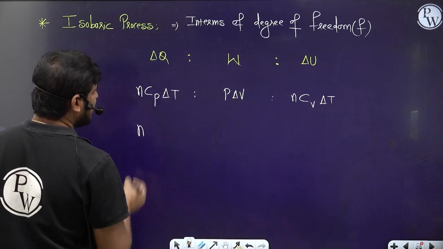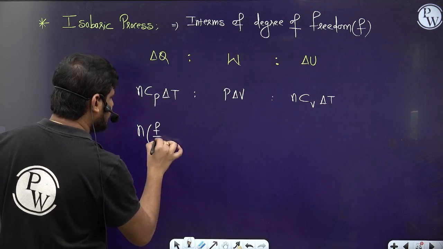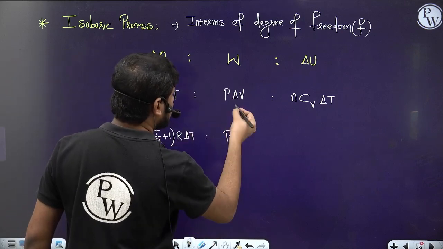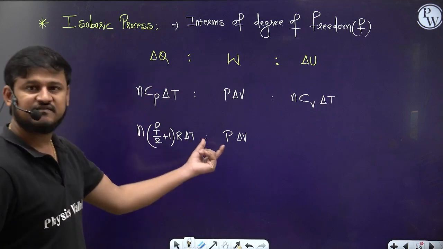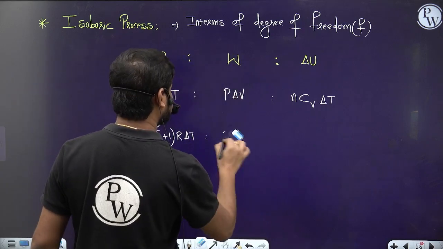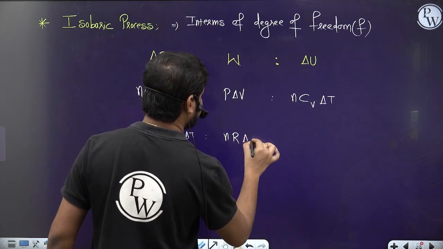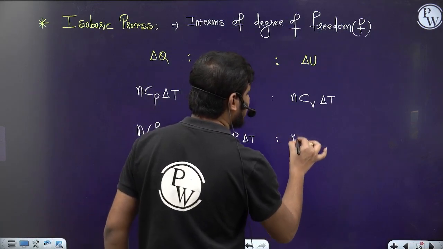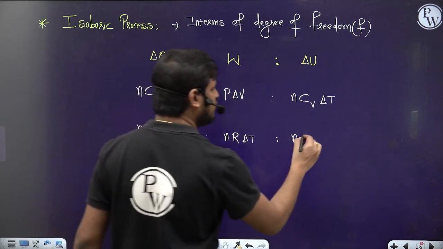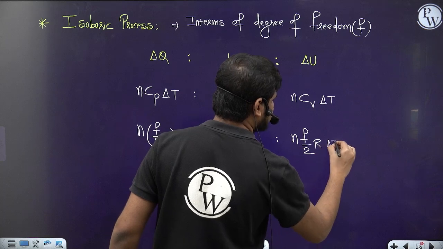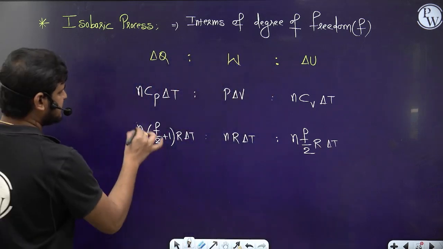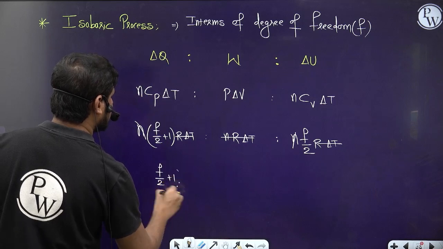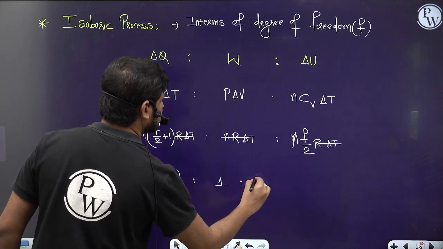In place of Cp, I write N into (F by 2 plus 1) into R into delta T. For work done, in place of P delta V, let's write NR delta T. For N Cv delta T, I use F by 2 R, so N into F by 2 R into delta T. Now I can cancel N R delta T everywhere. So it's going to be (F by 2 plus 1) is to 1 is to F by 2.